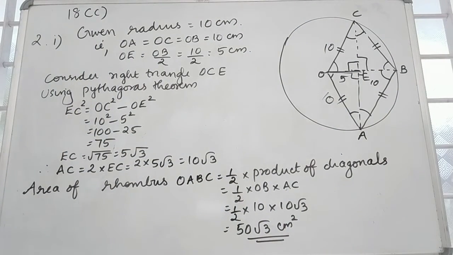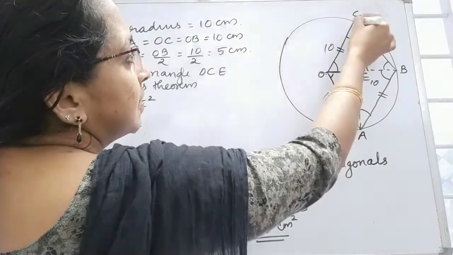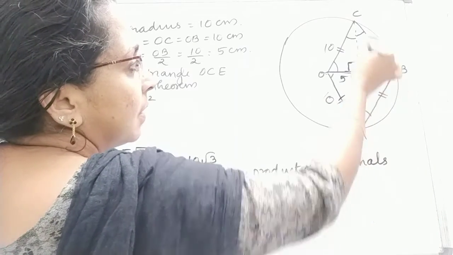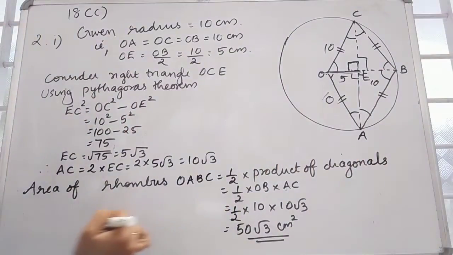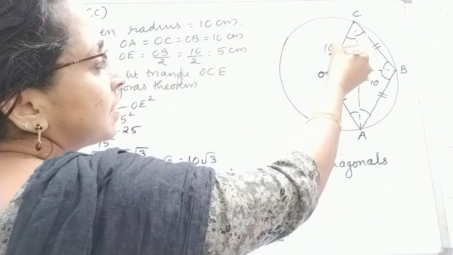Consider the right triangle OCE. This is a right angle triangle. This will be 90 degree, as diagonals bisect each other at 90 degree using the property of rhombus. Now we got this as 5 cm, and in the question OC is 10 cm.